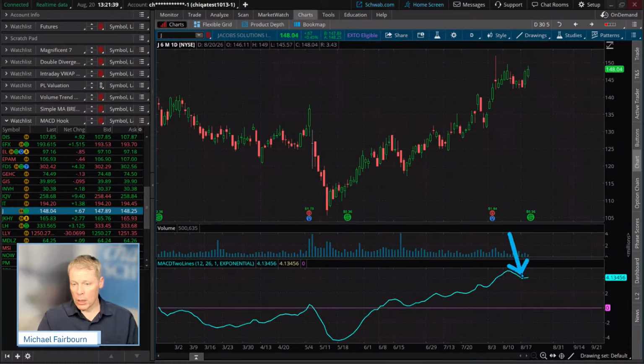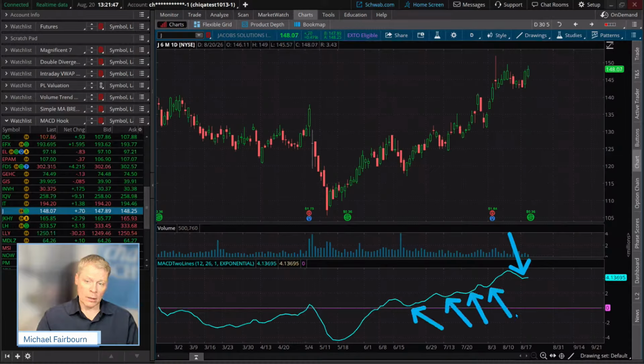See the hook? It bounced up, and it wasn't a huge bounce, but is it a big enough bounce to see? Remember, it's trying to pick up on that real strong momentum. It's a sensitivity indicator, as I mentioned in the swing trade class.